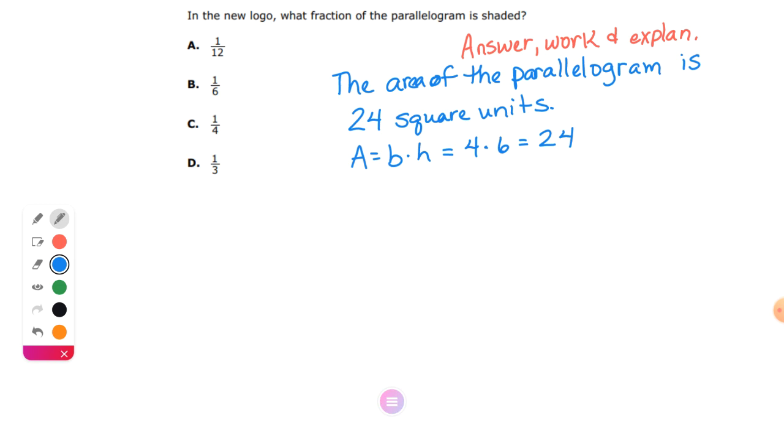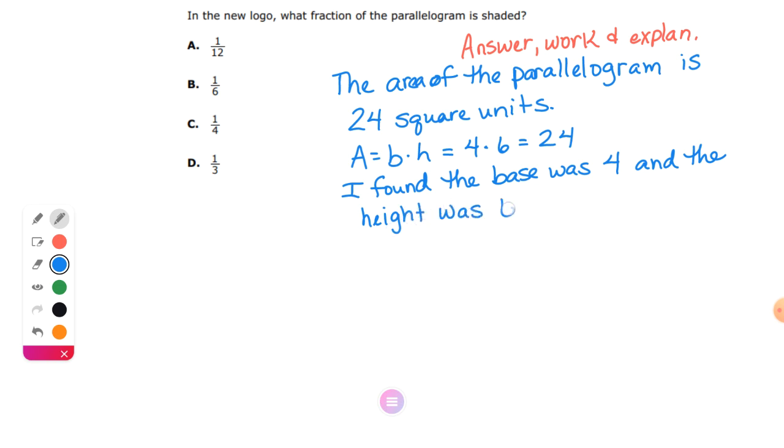Why did we do that? So I entered my answer, my work. Now I have to tell why I did that. Why did we do 4 times 6? Sadie? Yeah, so A equals base times height, which equals 4 times 6, which equals 24. And then we are going to say, I found the base was 4 and the height was 6.